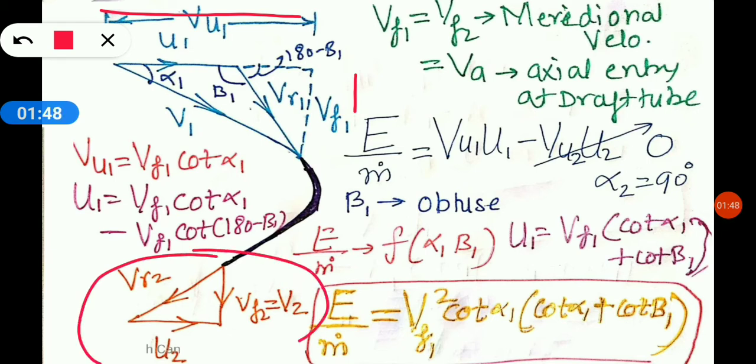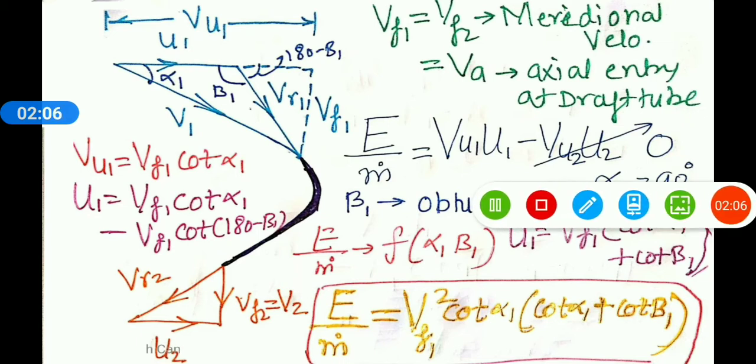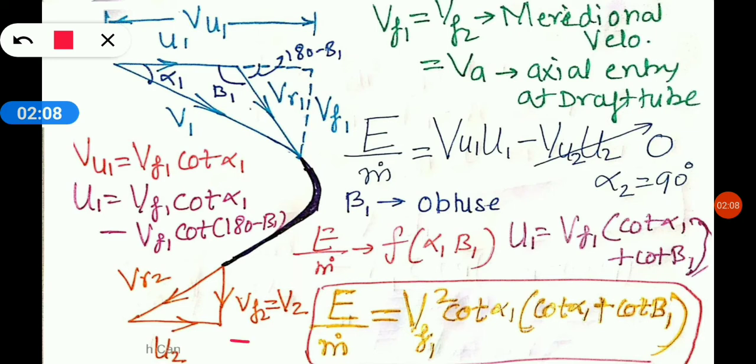Now as it is a modern Francis turbine, we are taking alpha 2 as equal to 90 degree, and just because it is equal to 90 degree, what would happen is Vu2 will be 0. That's why V2 will be equal to Vf2, that is visible here.